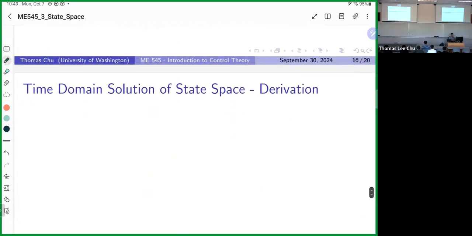But the reason why we like this decomposition is because it makes this solution feasible to solve by hand. So let me go over this derivation. When I write x of t like this, I mean x1 of t, x2 of t.